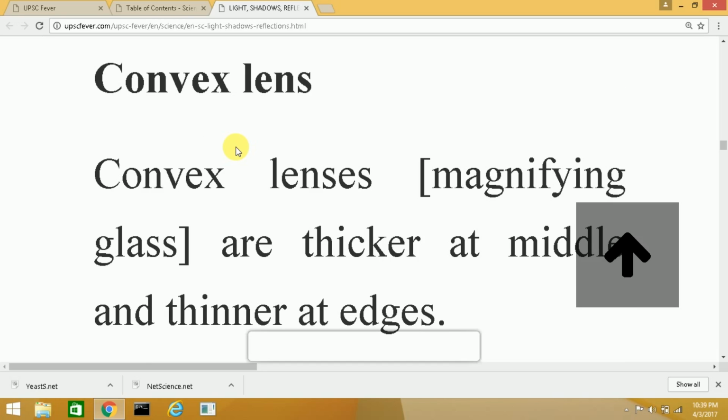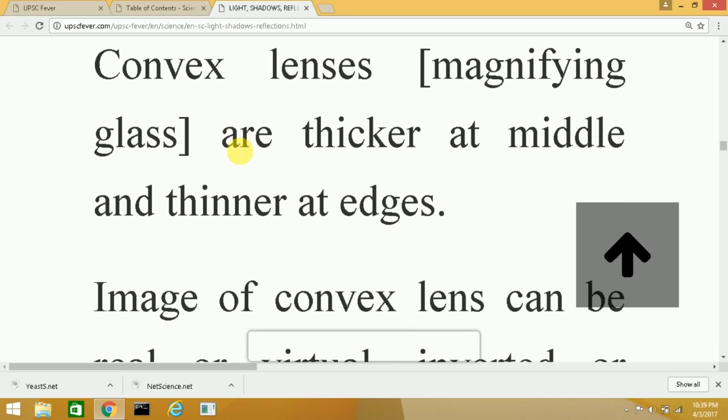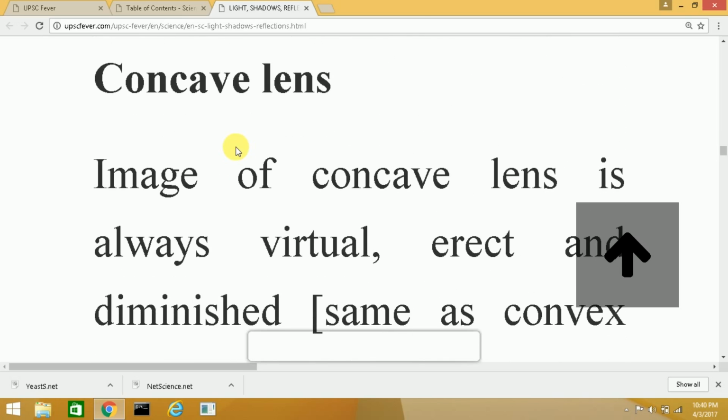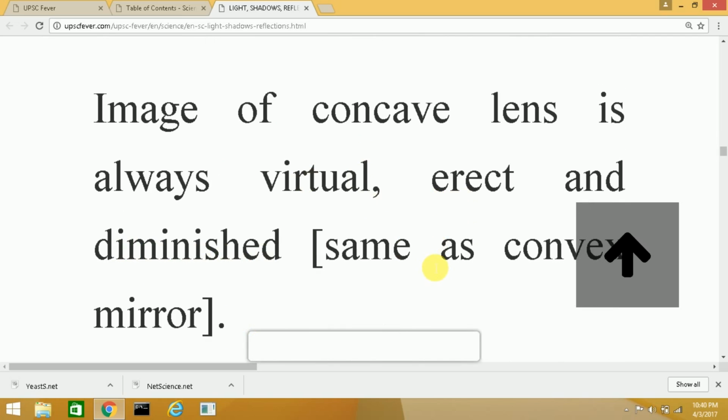So the image formed from a convex lens is the same as the image formed from a concave mirror, whereas the image formed from a concave lens is the same as the image formed from a convex mirror. So you can remember that like this. So we will just see the concave lens, and this gives an image which is always virtual, erect and diminished, which is the same as the convex mirror.